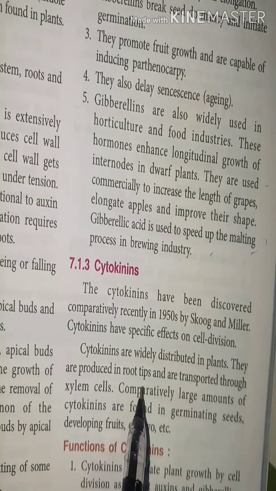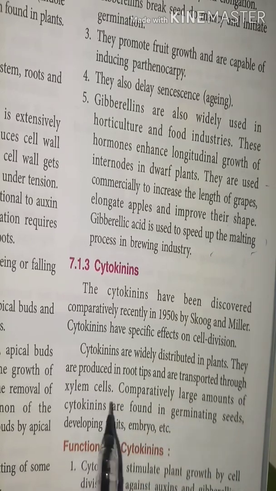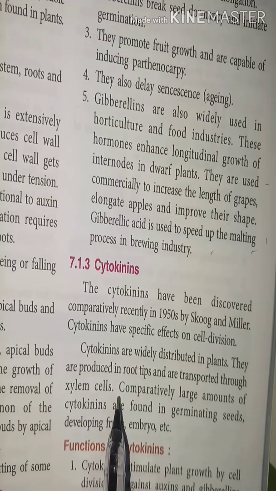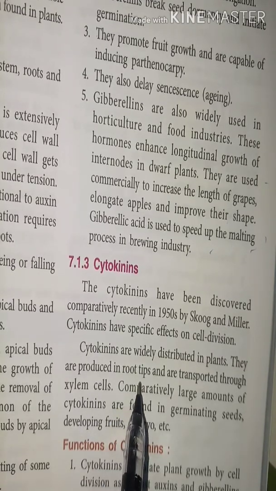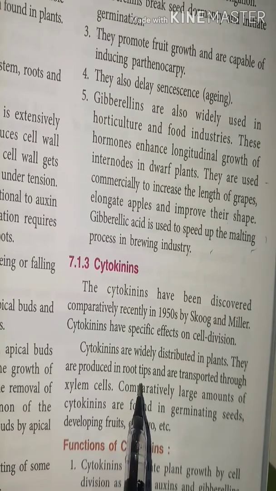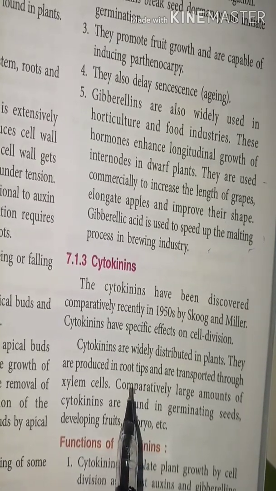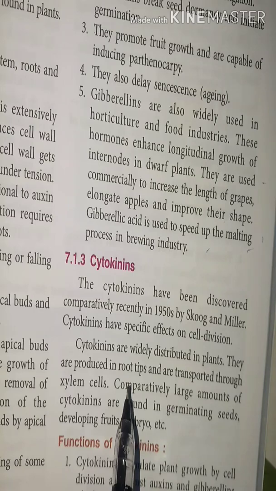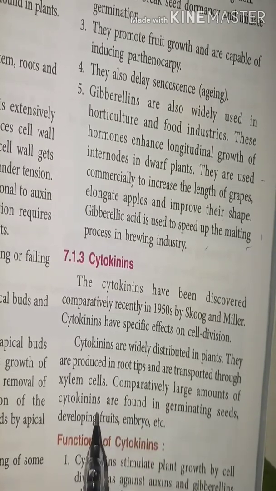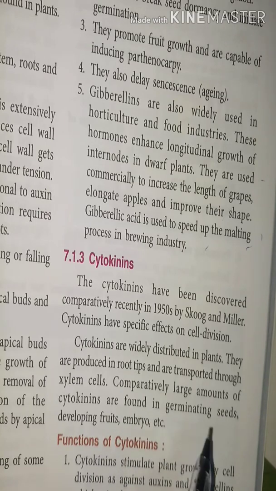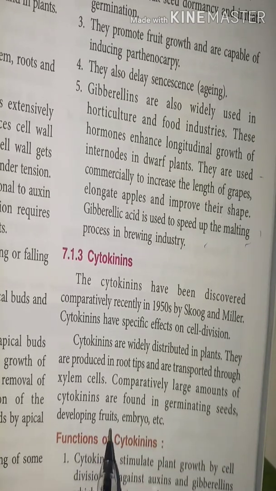They are produced in root tips and transported through xylem cells, meaning the site of production is the root tips and they are transported throughout the plant with the help of xylem, conducting in an upward direction. Comparatively large amounts of cytokinin are found in germinating seeds, developing fruits, embryos, etc.